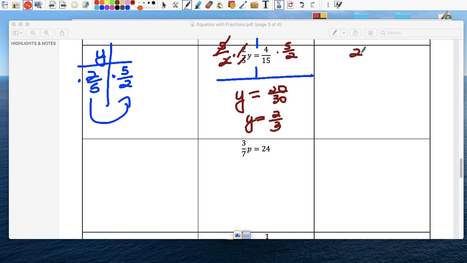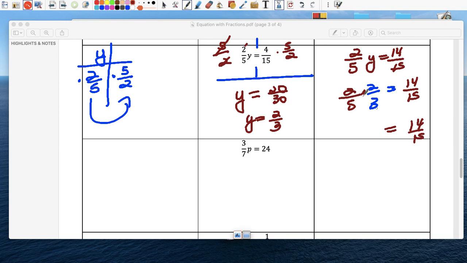So 2/3, or what is this? 2/5 of y equals 4/15. So 2/5 times y, what's y? 2/3, right? This should equal 4/15. 2 times 2 on the top is 4. 5 times 3, something is wrong here.